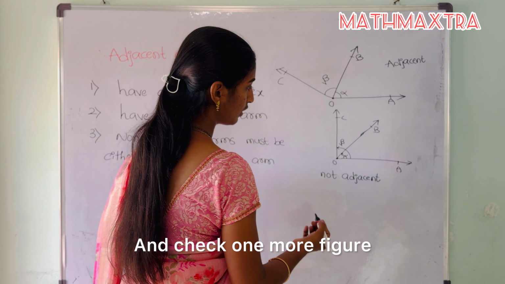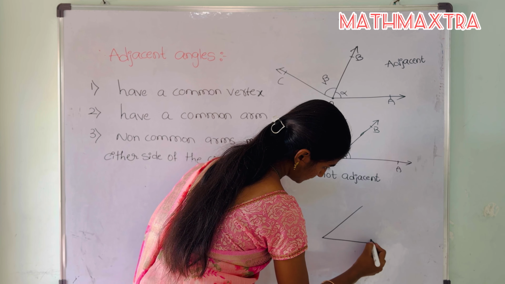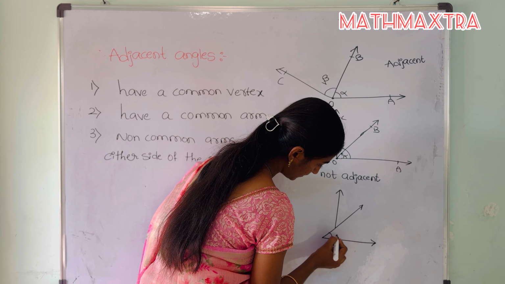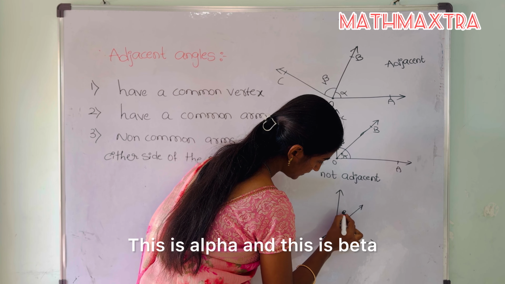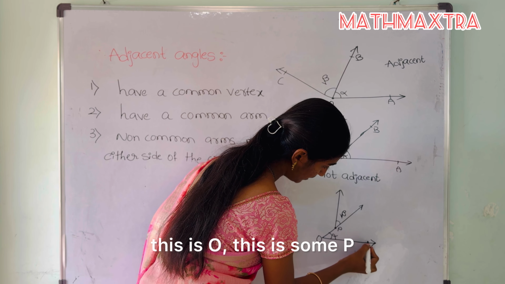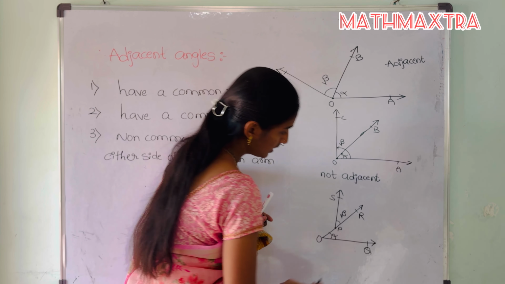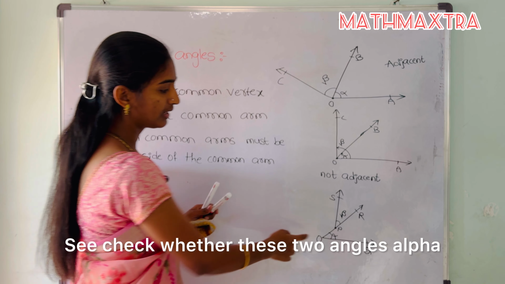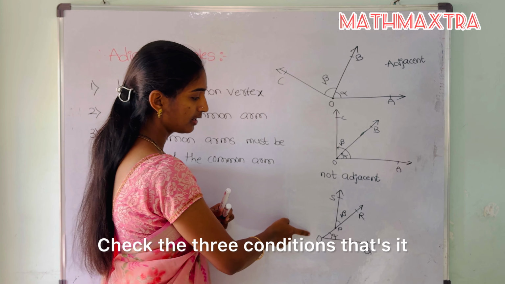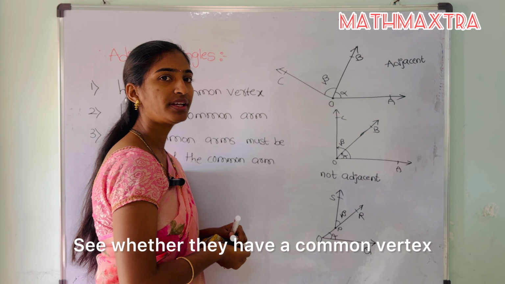And check one more figure. This is alpha and this is beta. This is O, and P, Q, R, S. Check whether these two angles alpha and beta are adjacent angles or not. Check the three conditions. See whether they have a common vertex.